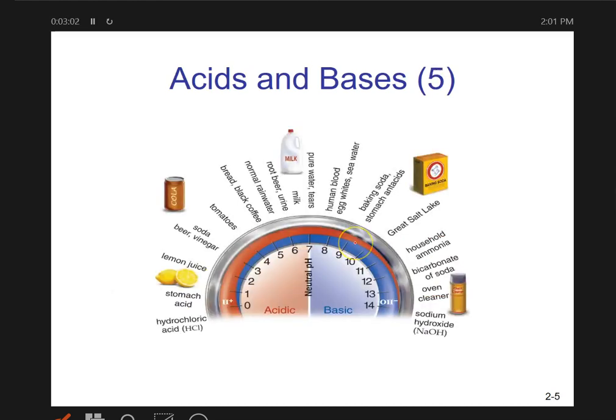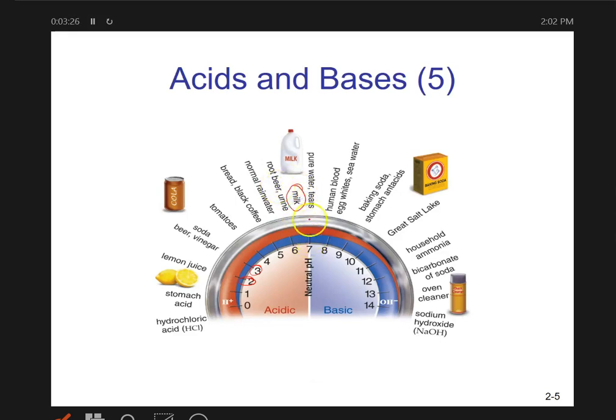Here is a chart showing you the usual compounds that we are familiar with, and where they lie on the pH scale. For example, lemon juice is close to 2, but watch, soda is very close to 3. This is one of the reasons why I do not encourage soda drinking.